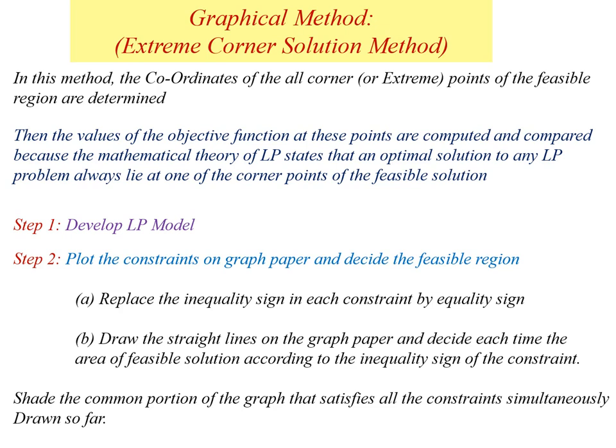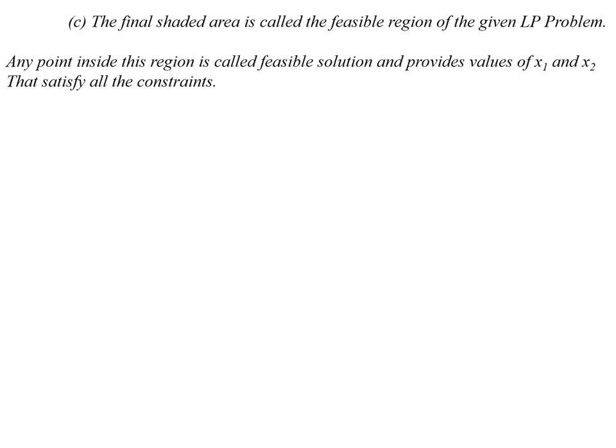Next, determine the coordinates of each equation and draw the straight lines on the graph paper, and finally find the area of feasible solution according to the inequality sign of each constraint. Then we have to shade the common area which satisfies all the constraints. So the final shaded area is the feasible solution of the given linear programming problem.